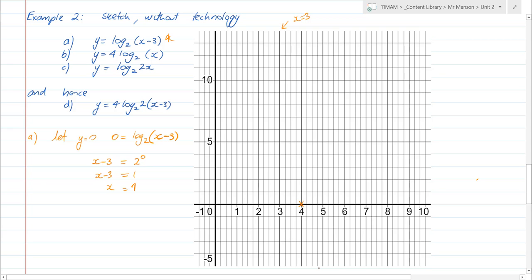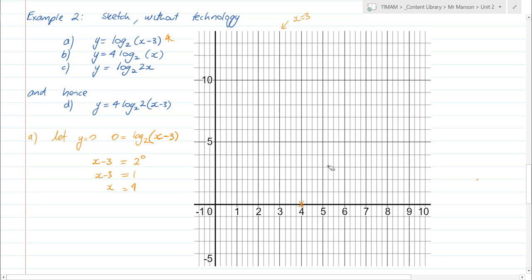I might look for another key point. Like, for example, 2 to the power of what equals 8 is nice. So when x minus 3 equals 8, I get a y value of 3. I could do something like that. And my y value is 3 when x equals 5, for example. Does that look about right? I don't know. Is that too steep? My x value is 3, my y value is 3, 2 to the power of... Oh no, sorry, not when x equals 5.